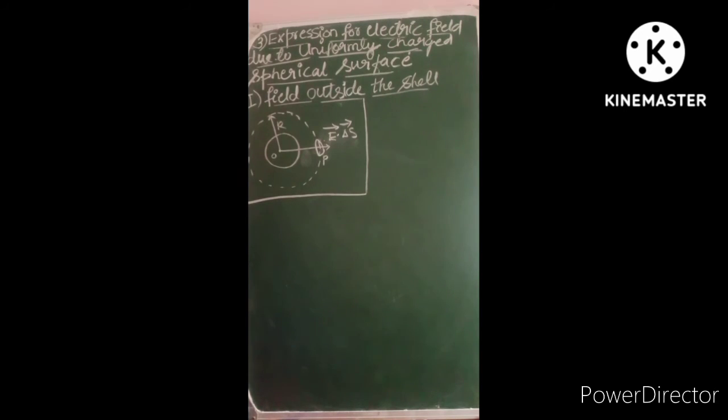The third application of the Gauss law is expression for electric field due to uniformly charged spherical surface. In that, the first case is the field outside the shell. For that, let us consider point P. It is outside the shell.